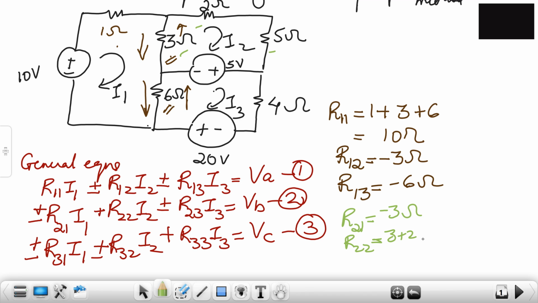So 3 plus 2 plus 5, that is equal to 10 ohms. And R23, there is no resistance which is common between loop 2 and loop 3, so it is 0.